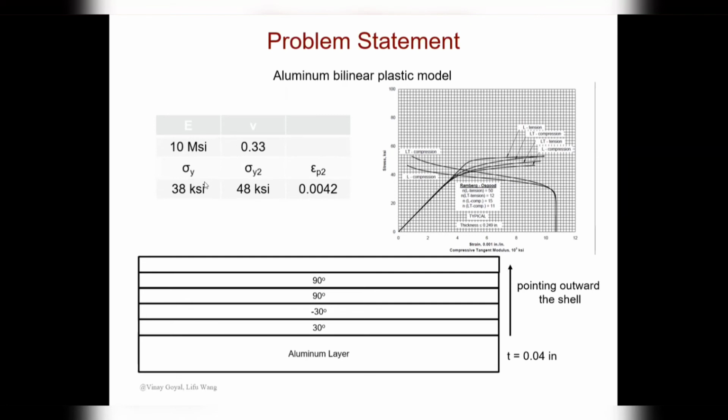And the 2 points we're going to introduce here are first the yielding point where you have 0 plastic strain, which is 38 KSI. And the second yielding stress is 48. And here you will have 0.0042 as your plastic strain.